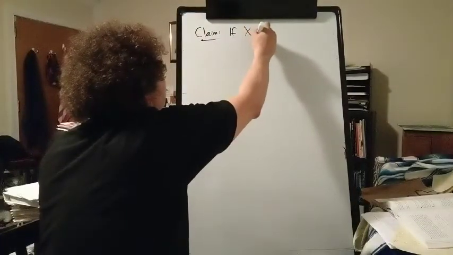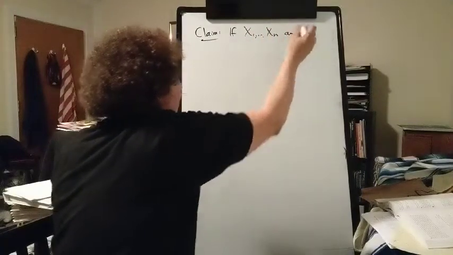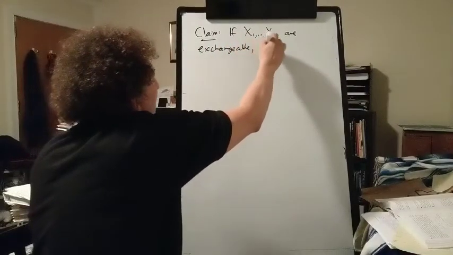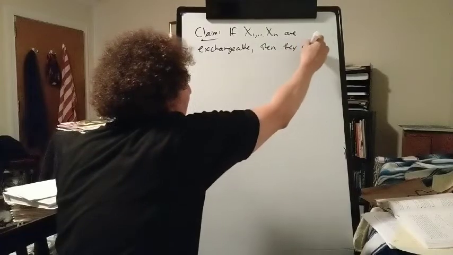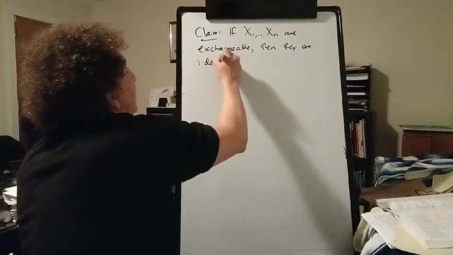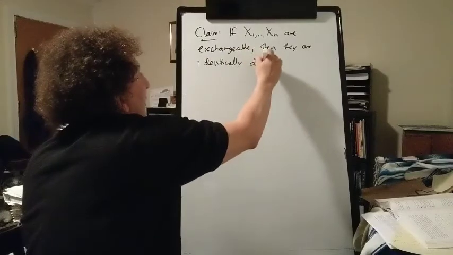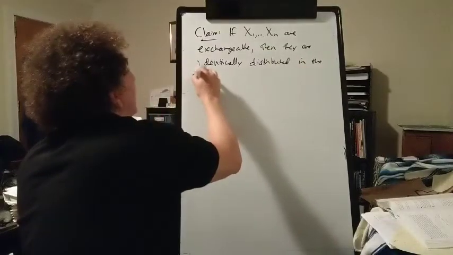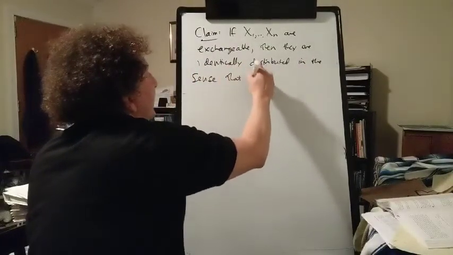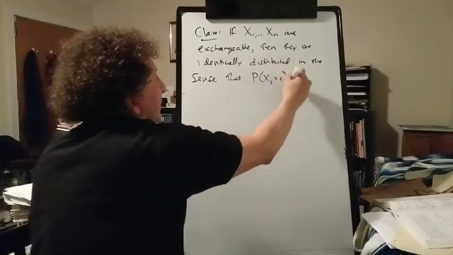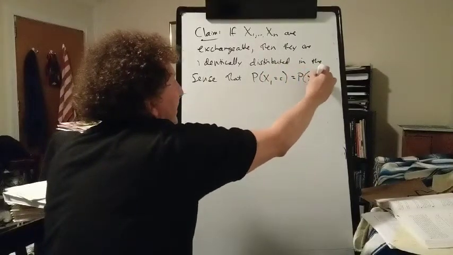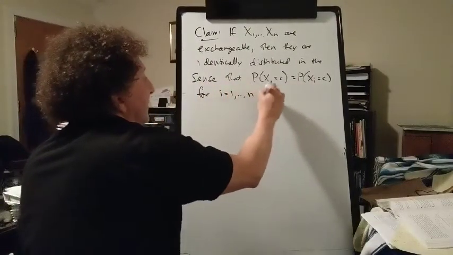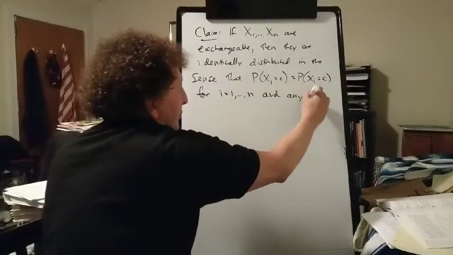So if x1 through xn are exchangeable, then they're identically distributed, in the sense that the probability that x1 equals some value c equals the probability that xi equals c, for i equals 1 to n and whatever value.